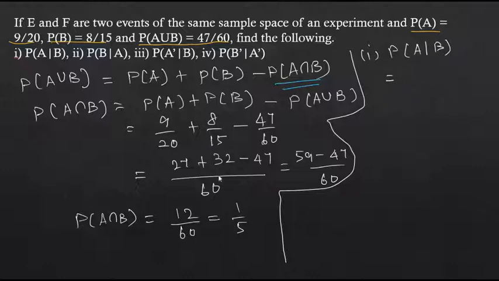The formula is probability of A intersection B, and the probability of the event that has already occurred should be brought to the denominator, so probability of B. Substituting, the probability of A intersection B is 1 by 5, and the probability of B is 8 by 15.